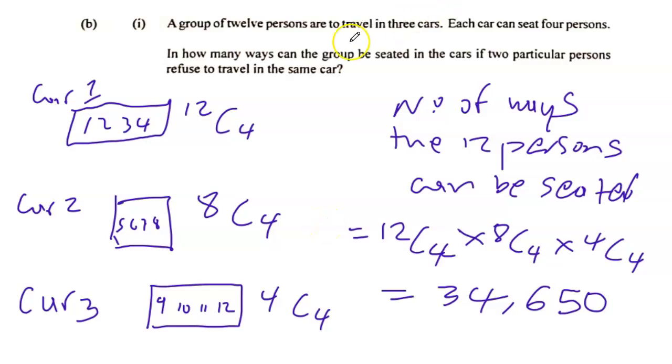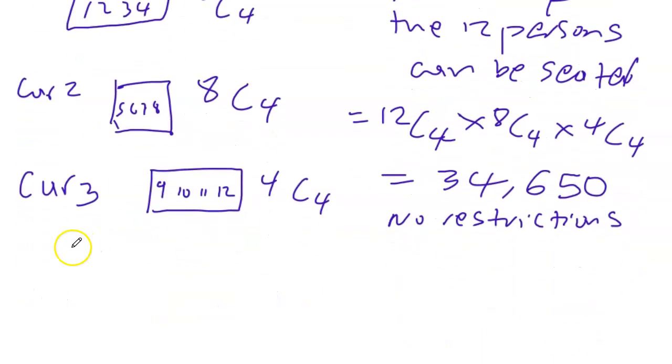Now let's look at the restriction. We can seat them in 34,650 ways if there are no restrictions. So what we really want to calculate is the number of ways the group can be seated in the 3 cars if 2 persons refuse to travel in the same car. So let's look at the calculation where the two persons are actually traveling in the same car.